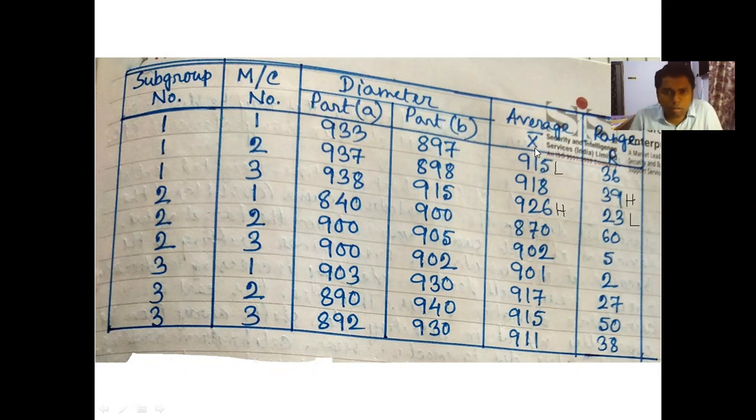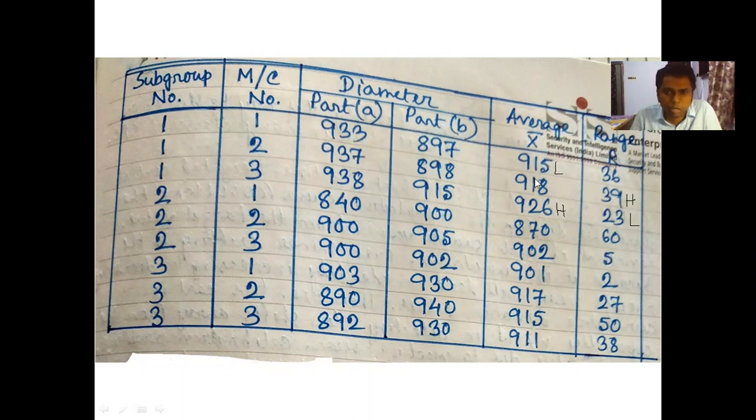When you are calculating this X bar, simply speaking, you are just taking the average: 933 plus 897 divided by 2 gives the value of 915. And the range R is just 933 minus 897, which is equal to 36. The same thing you do for all these calculations.